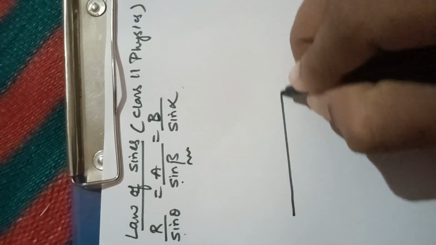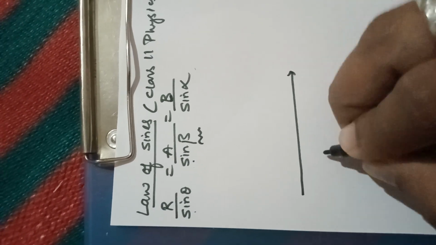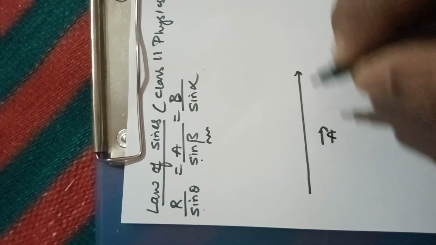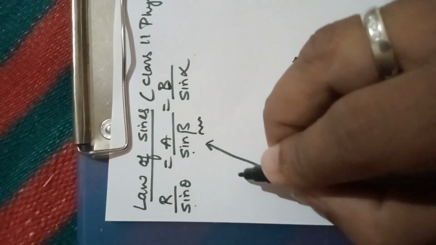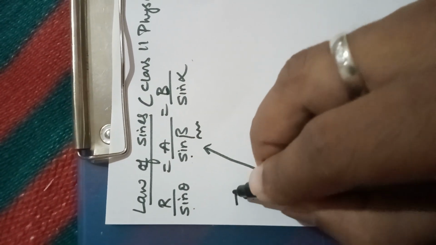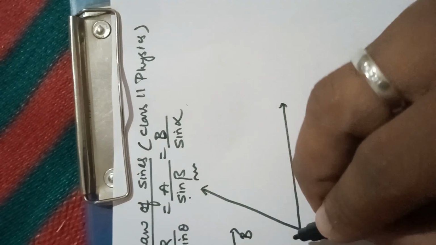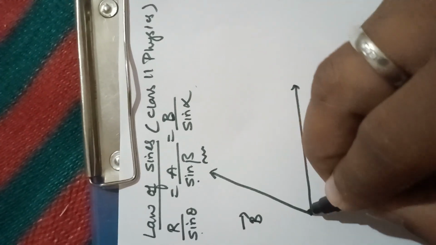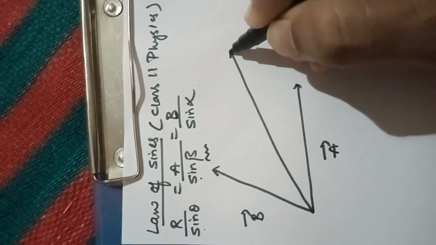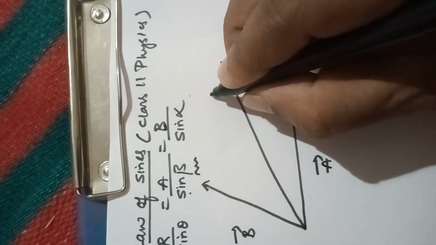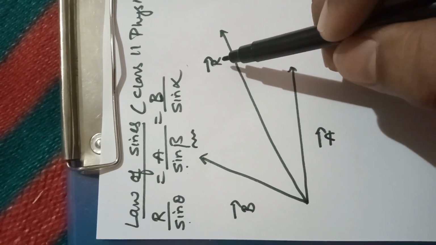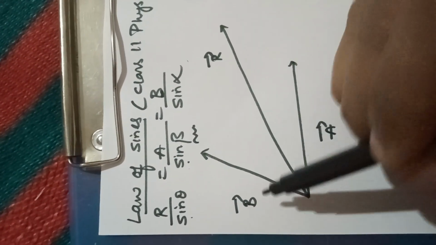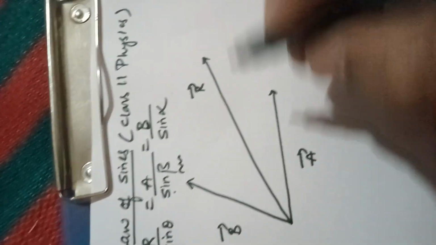Now let's consider vector a. This is vector a, and let's say there is one more vector, say this is vector b. Now the resultant of these two vectors will be somewhere here. This is vector r. So what is r here? R is the resultant of the two vectors a and b.